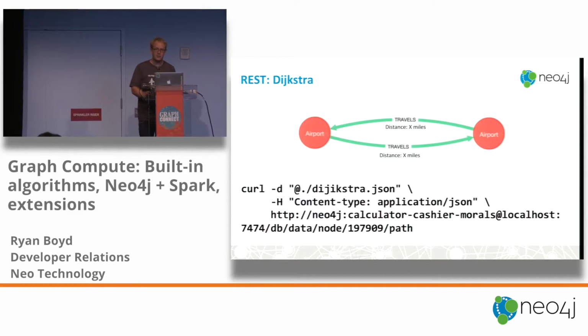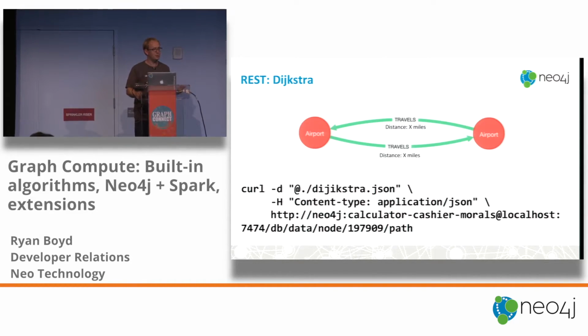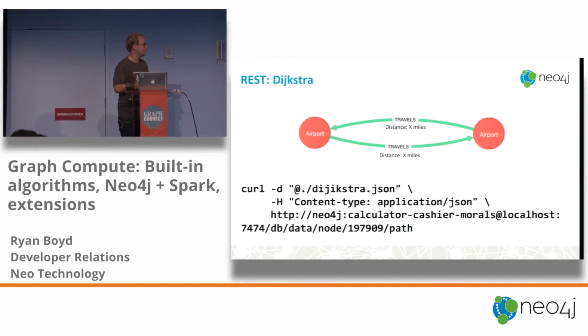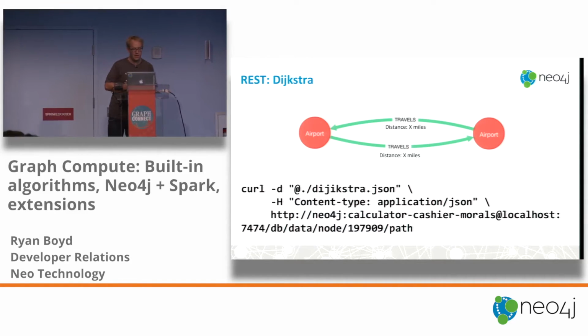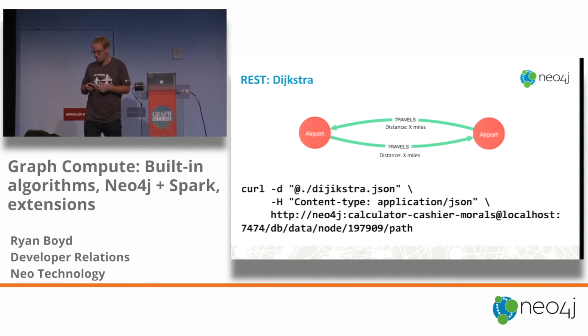And the Dijkstra algorithm, like I mentioned earlier, is not built into Cypher, but you can call it directly through a REST API. And this is what the REST API request looks like.